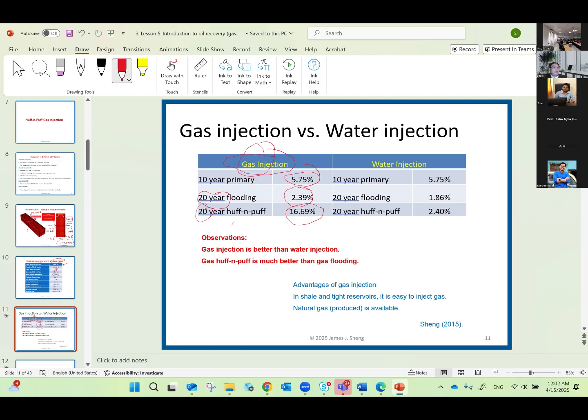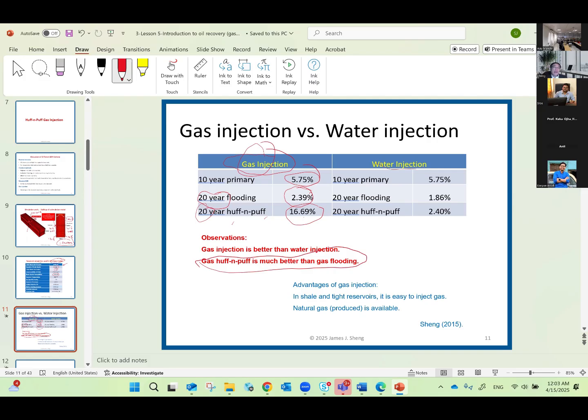All right. So what are you seeing now? Clearly, Huff-n-Puff produces much more oil than gas flooding. That's the observation we see from this simulation results.